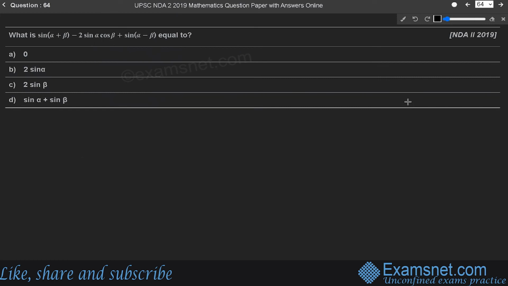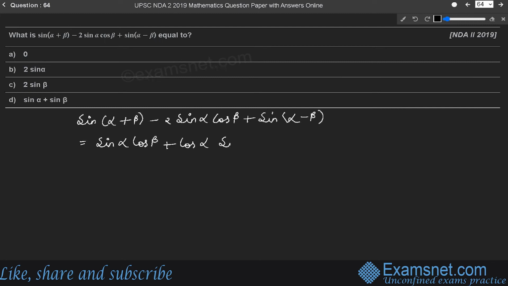Moving on to the next question. What is sin(alpha plus beta) minus 2 sin alpha into cos beta plus sin(alpha minus beta) equal to? So this expression can be written as sin alpha cos beta plus cos alpha sin beta minus 2 sin alpha cos beta plus sin alpha cos beta minus cos alpha sin beta.